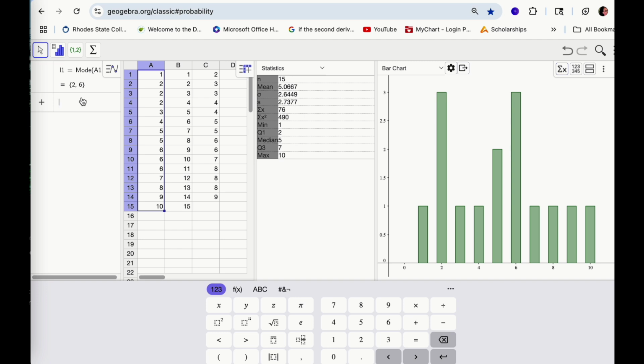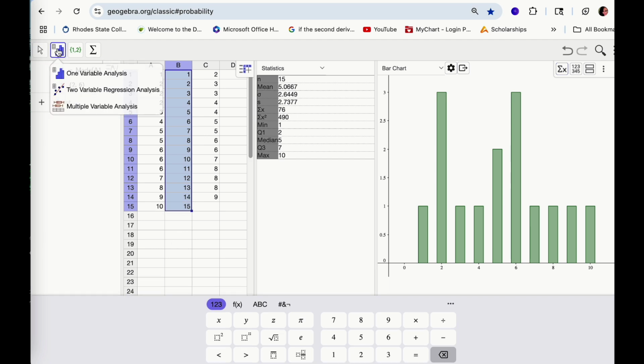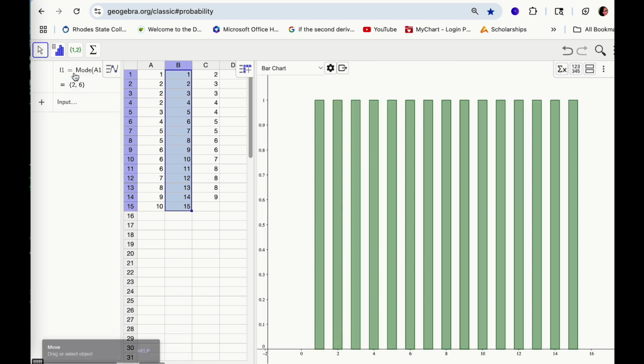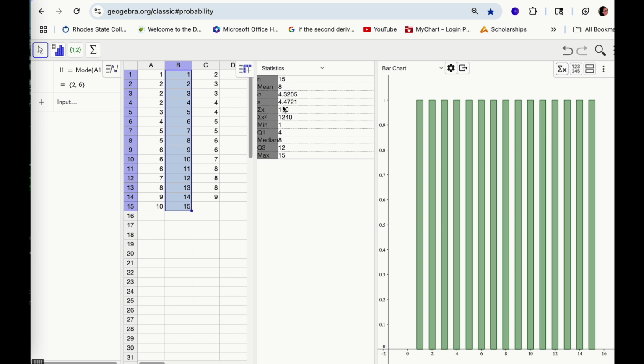Now let's check our answers for the second example. So now I'm going to go to my list B. I'm going to highlight it, and I'm going to choose the one variable analysis to switch over to this data set. And then I'm going to choose my icon here with the sigma notation to show my statistics.